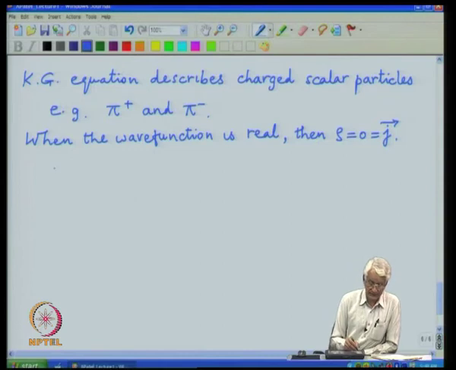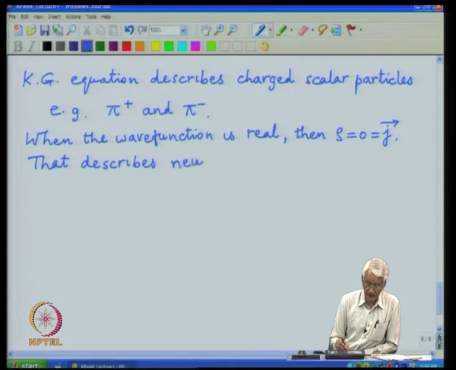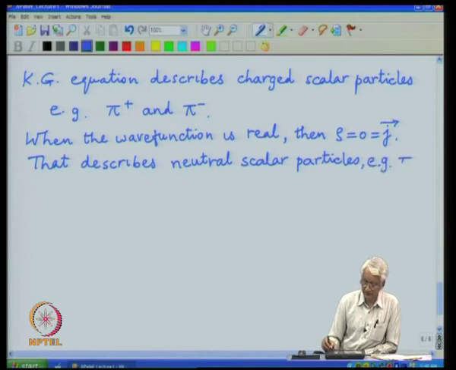And this then describes neutral scalar particles, and an example of that is a neutral pion.